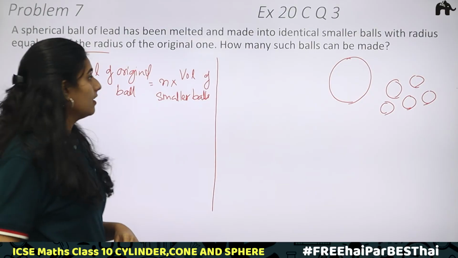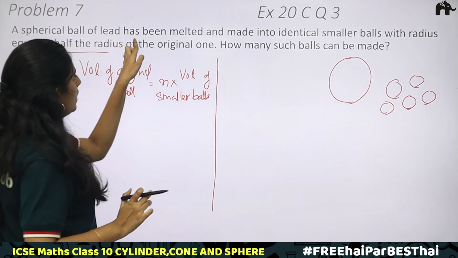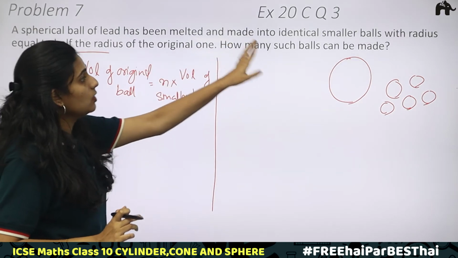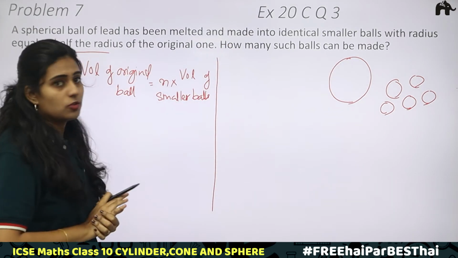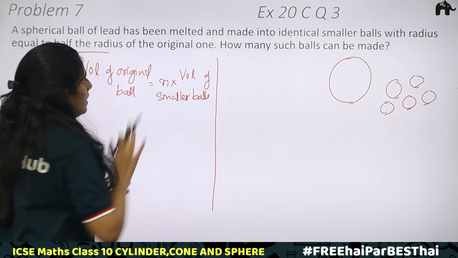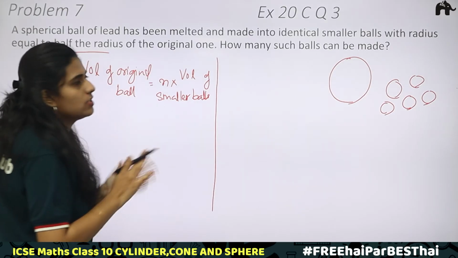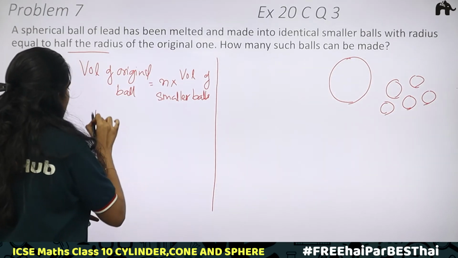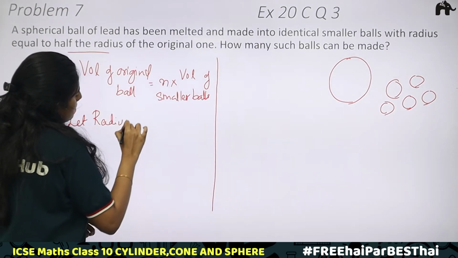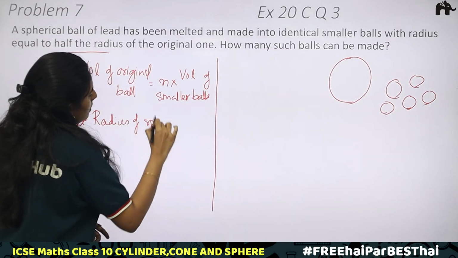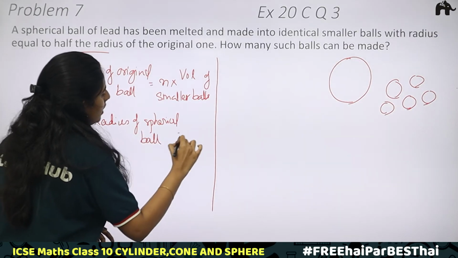Okay. To find the volume of the original ball: a spherical ball of lead has been melted and made into identical balls with radius equal to half the radius of the original ball. Here, do we have the radius given? No values are given. Okay, we'll let the radius of the spherical ball equal r.